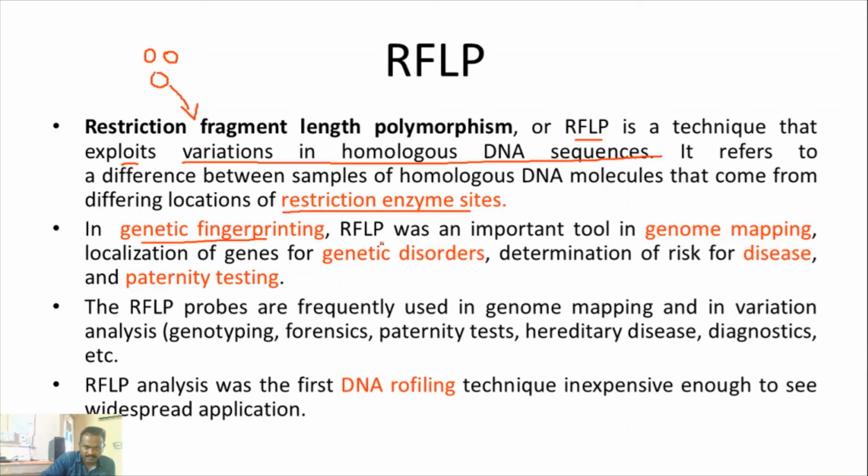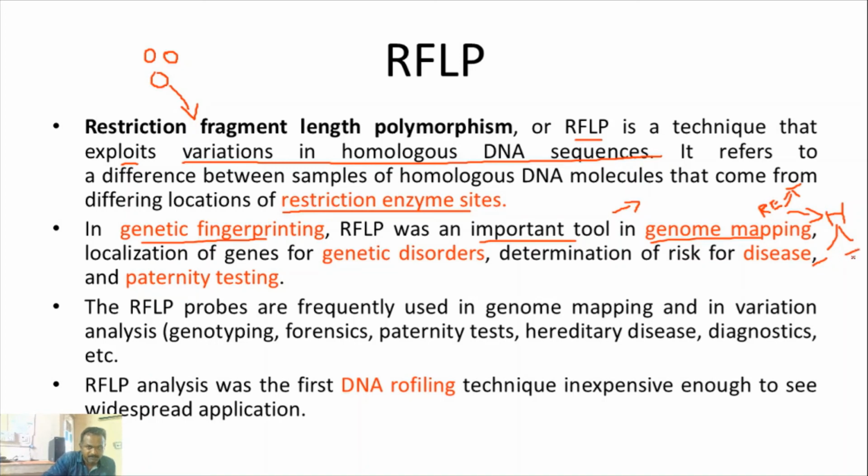In genetic engineering, RFLP was a very important tool for identifying the genome mapping. We already covered restriction mapping. At that time I told you mappings are divided into physical mapping and genetic mapping. This genetic mapping is further divided into genome mapping or linkage mapping.